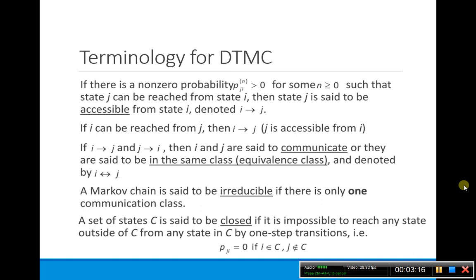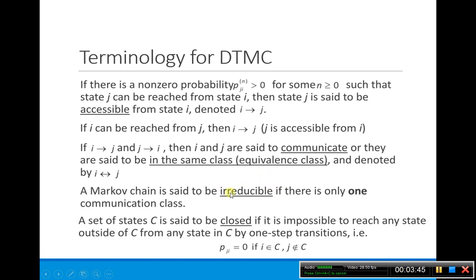And if I is accessible from J and J is accessible from I, then basically you say they communicate and they're in the same class. So here we have this terminology that I communicates with J. And then we talked about what are called irreducible Markov chains.